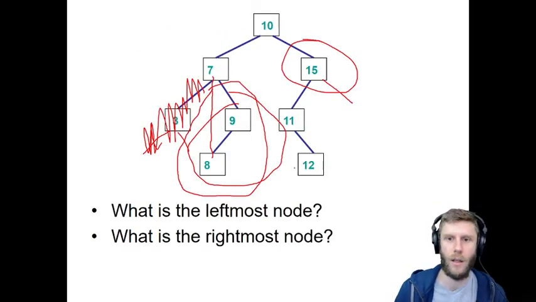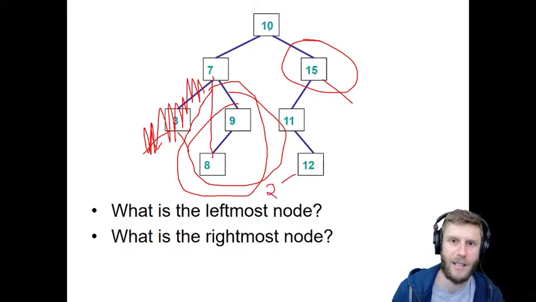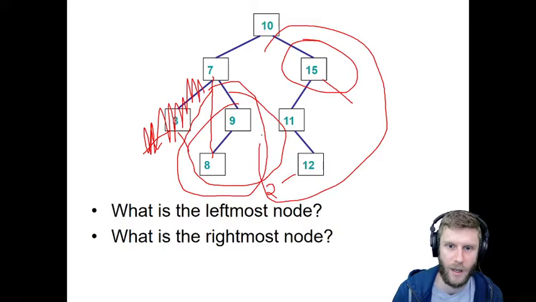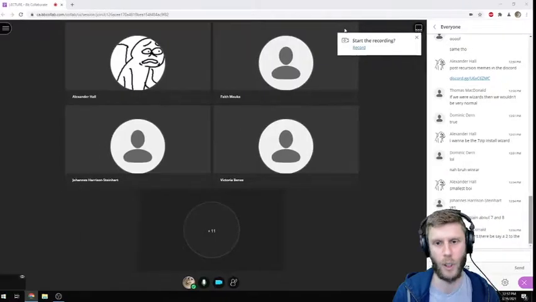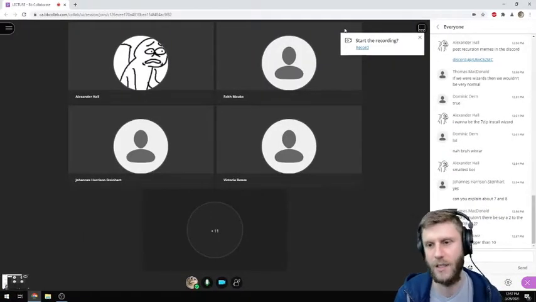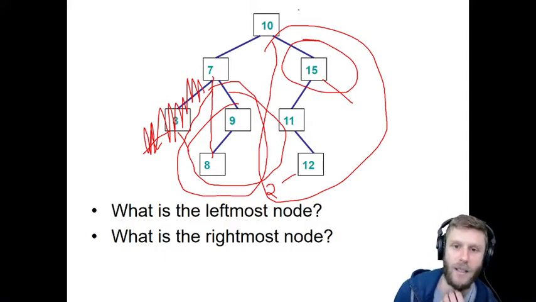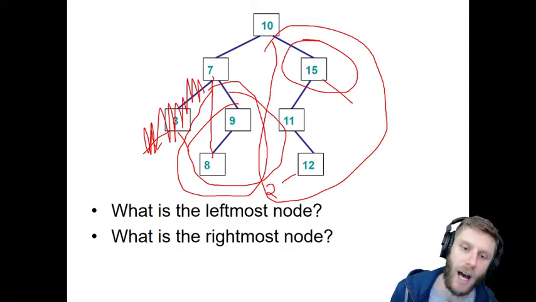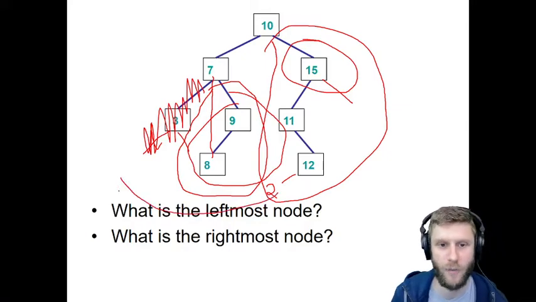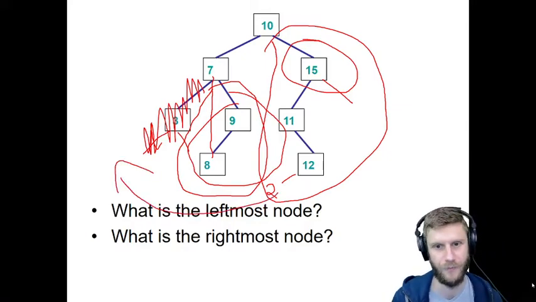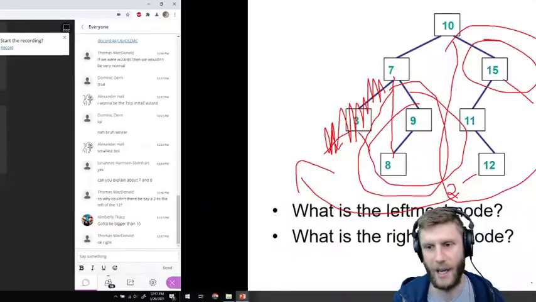Well, you mean here? Because 2 is less than 10, and then it would break the rule. Got to be bigger than 10. Yeah, that's exactly it. Because 2 would be in the right subtree of 10, but that's no good because it should have been over here. Yeah. See, there we go.